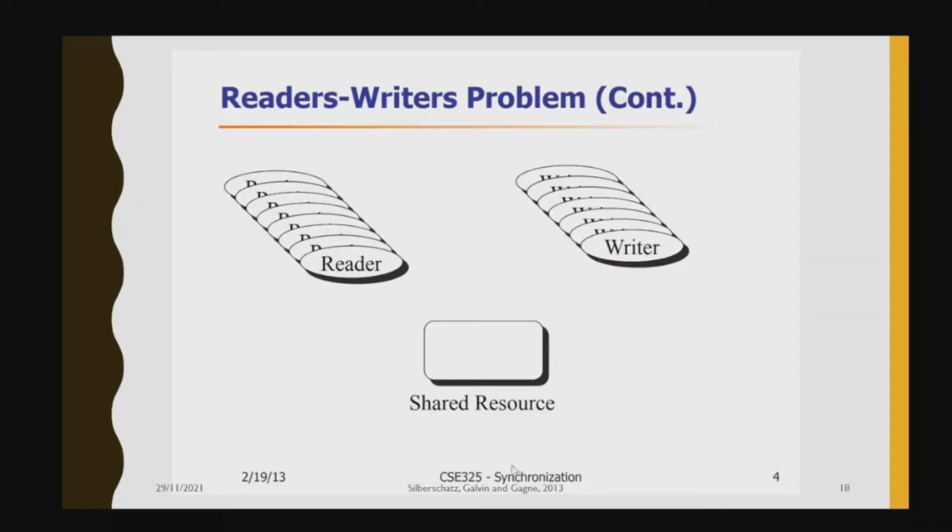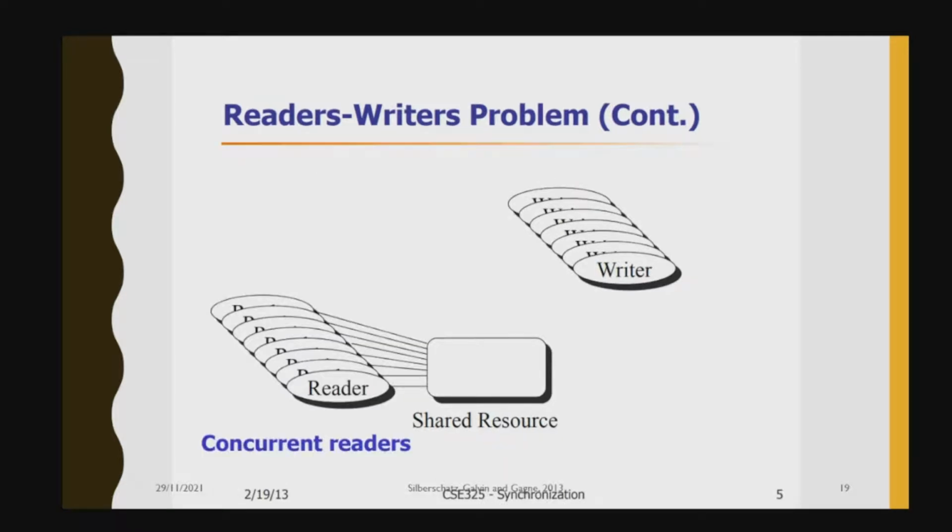Okay, this is the shared resources, readers and writers. If they go one by one, then we don't face difficulties and problems. But if they try to do that concurrently, just like you only have one book and you want to read the book, and your friend also wants to read the book, and the other friend also wants to read the book, so it might be a problem.